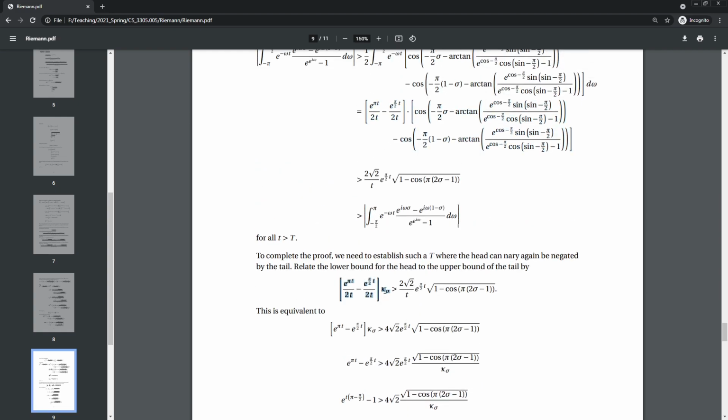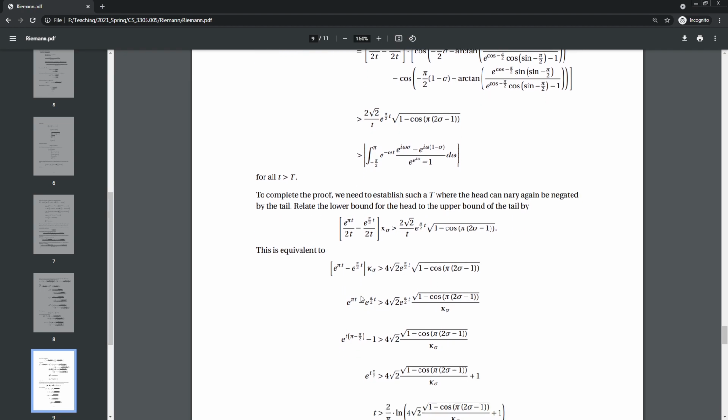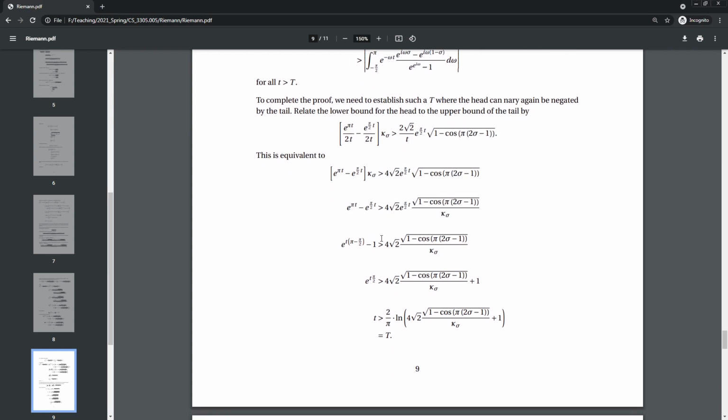So we have this, and all of this was again chosen to be kappa sigma. We say that that is greater than this, right? So we restate it here. And so now we're going to go through a series of statements where we're trying to simplify that. So this part, right, is kappa sigma, and this part. So if we move the 2t from here to over here, right, then the t cancels out over here, the 2 multiplies here, and we get 4 square root.